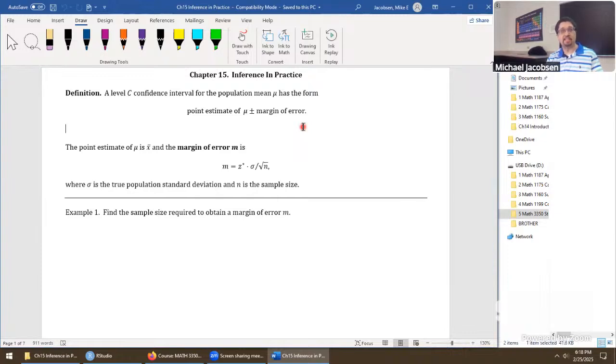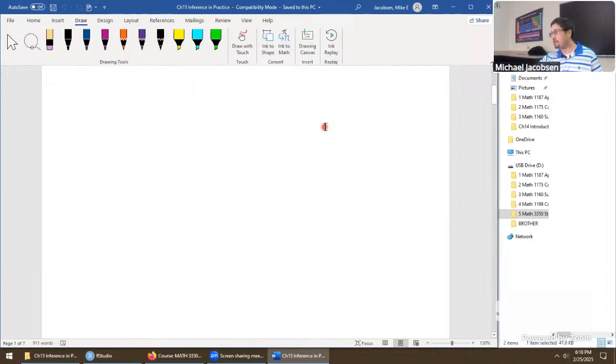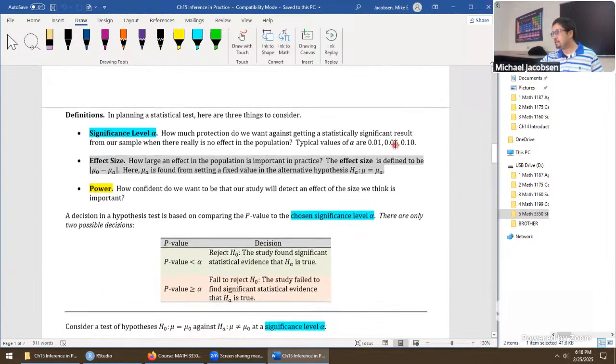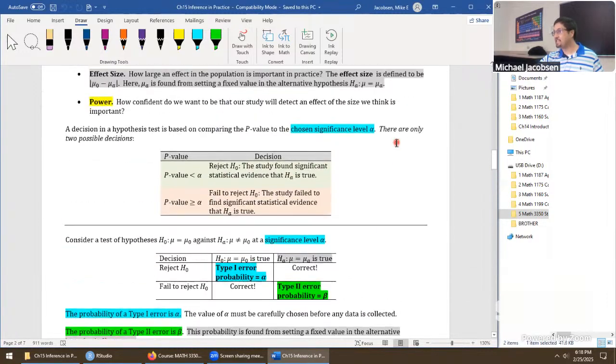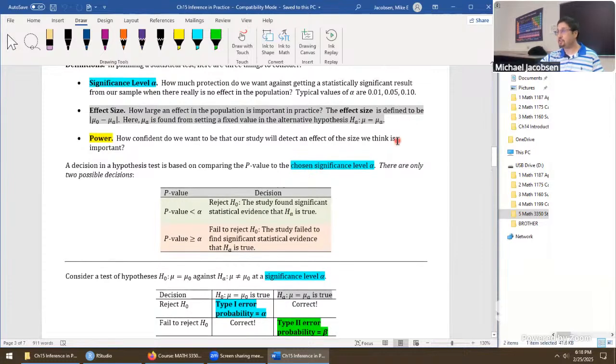Planning that your sample size is large enough so that when you go to conduct a confidence interval analysis, the margin of error hits a certain target. Or even more nasty in a certain sense is with hypothesis tests, determining if your sample size is large enough so that the power of the test is in a targeted range.